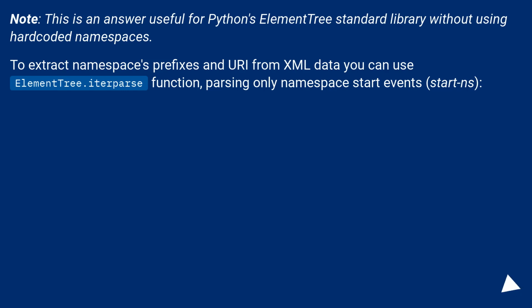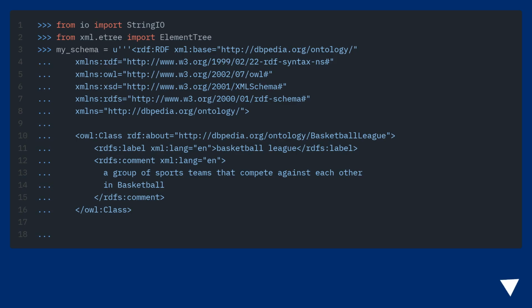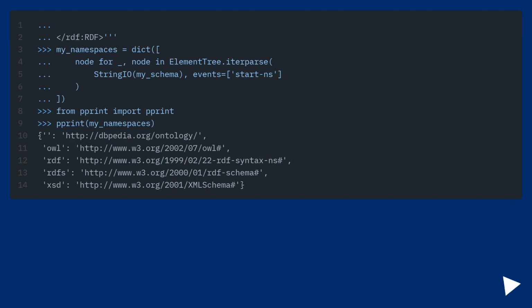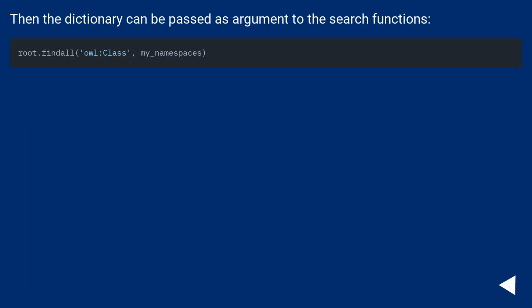To extract namespaces' prefixes and URIs from XML data, you can use the ElementTree.iterparse function, parsing only namespace start events (start-ns). Then the dictionary can be passed as an argument to the search functions.